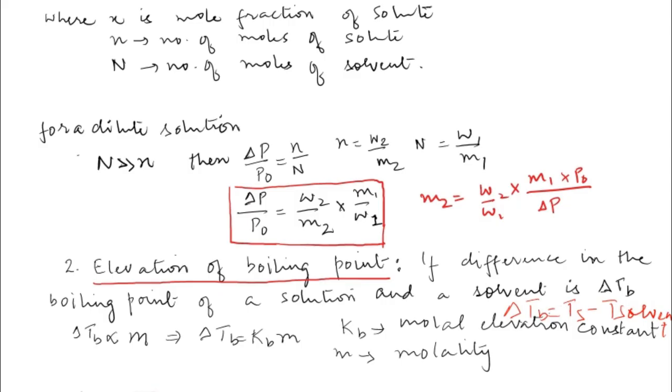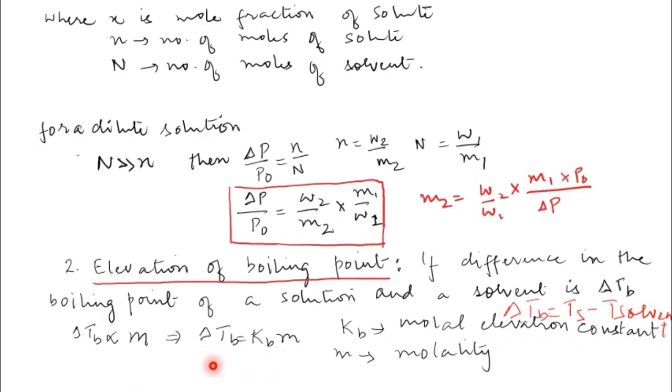Now molality, you know, is the number of moles of solute divided by the mass of the solvent into 1000, when the mass of the solvent is taken in grams. And when you remove this proportionality sign, the constant Kb comes. Kb is the molal elevation constant.